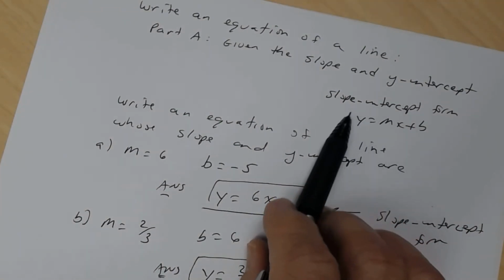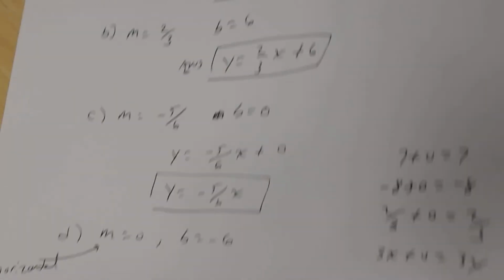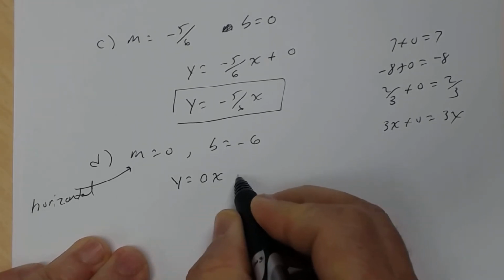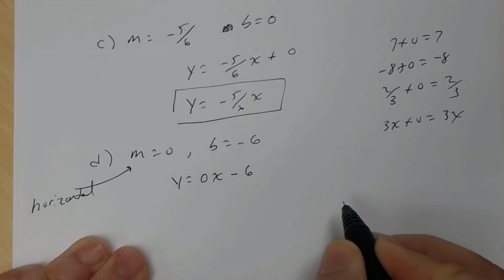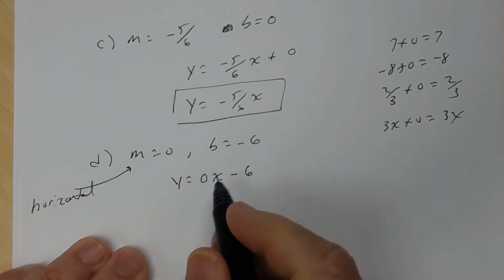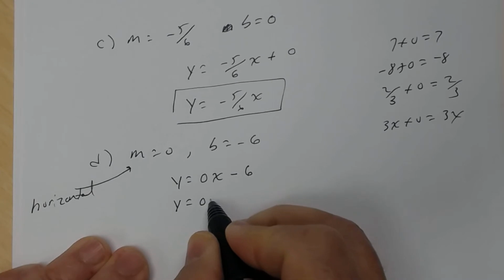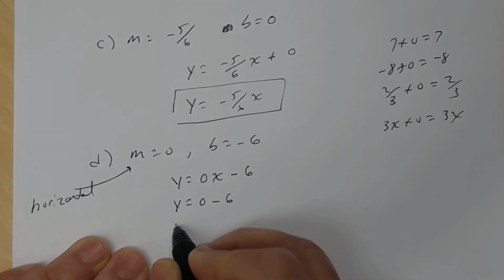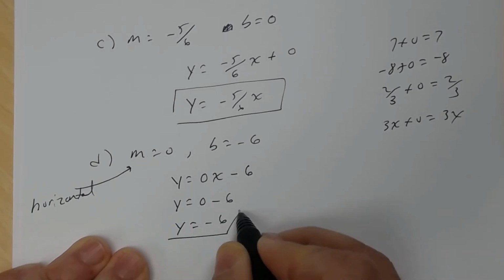I'm just going to plug into my formula, y equals mx plus b. And so I get this. Y equals 0 times x minus 6. But again, just like our discussion here, 0 times x is 0. And then 0 minus 6 is -6. And so there's your equation.